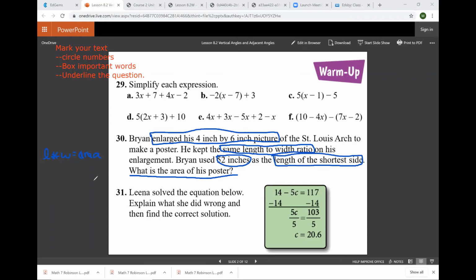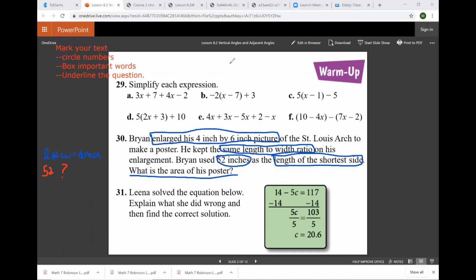So let's see if we can create a ratio to figure out our missing side. So we're missing, let's write this in there. So you know the length, which was 52. But what you don't know is W. Okay? We can set up this ratio. Because they gave us length to width ratio, we know the length went first. So the 4 inches was the length and the 6 inches was the width.